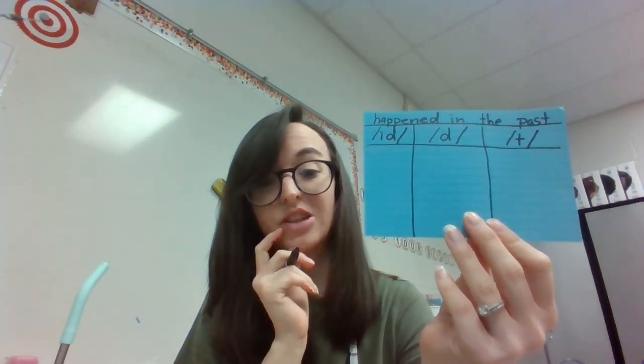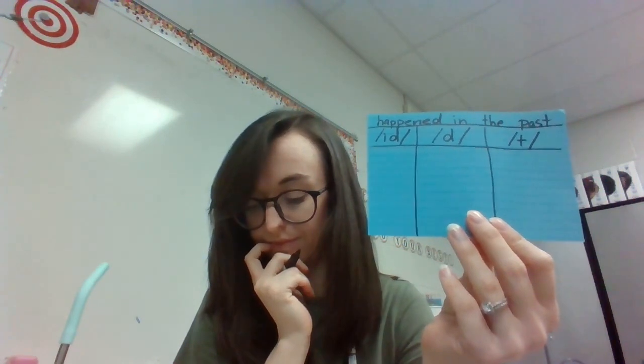Remember, he smashed the bee. So remember, he was walking in his yard when a bee landed. Now, landed, what is ED saying? Landed. So that can be a key word for the id sound.